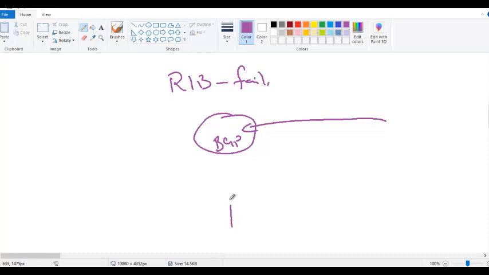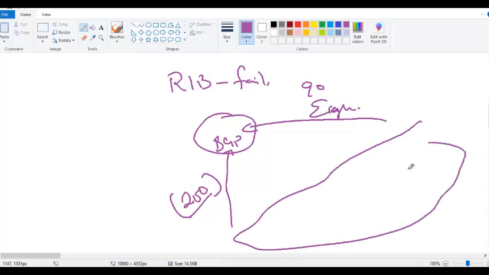What is RIB failure? When you have IBGP, not EBGP, routes will come with 200 administrative distance. And I have EIGRP, routes will come with 90 administrative distance. So both are advertising a network called 1.1.1.1. Now router BGP says, R1 says, RIB failure in the BGP table.